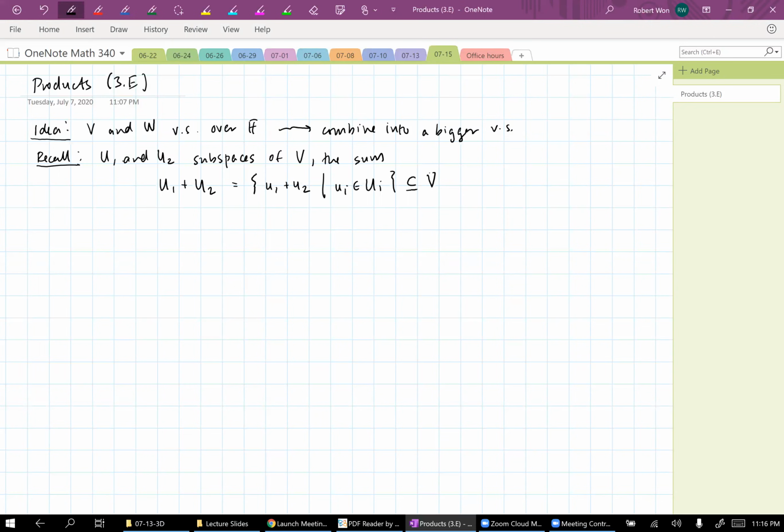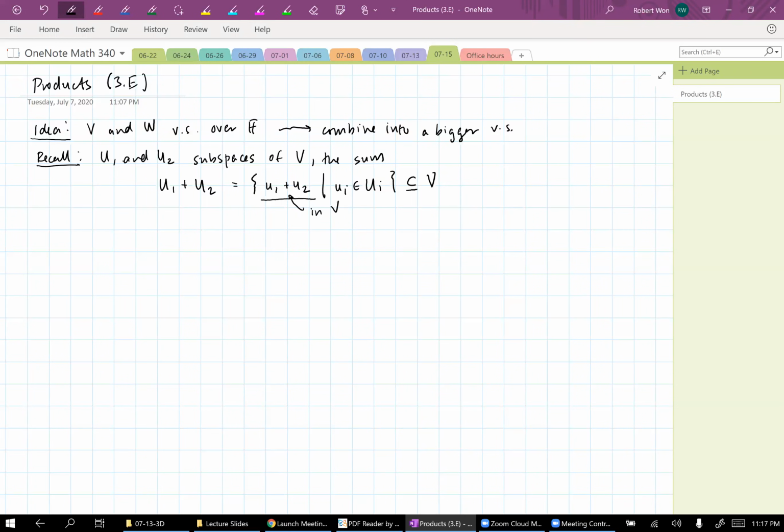Okay, but in this definition, in order to form the sum, I need to know how to add something from U1 to something from U2. Right, so this really relies on the fact that these are both subspaces of a common vector space, because this addition is happening in V. But what if I have two totally unrelated vector spaces?